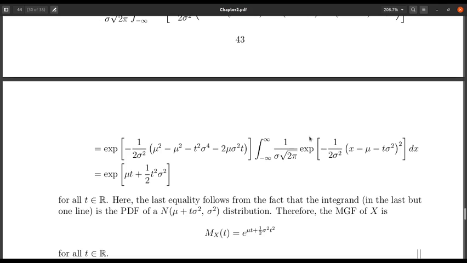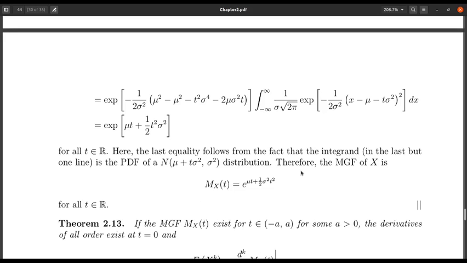And in this case, this integral is finite for all values of t belongs to R. That's why the moment generating function exists for all t belongs to R. So the moment generating function of x is M_X(t) equals e to the power mu t plus half sigma square t square for all t belongs to R.